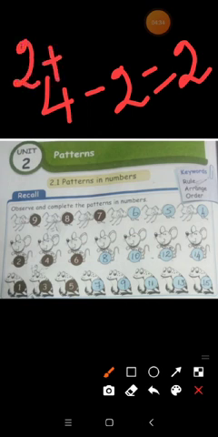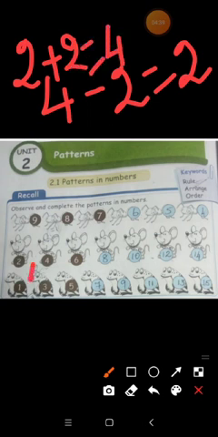So 4 minus 2 is 2. Now we want to check whether we add 2 or subtract 2 from 2 to get the number 4. When we add 2 with 2, then only we get the number 4.